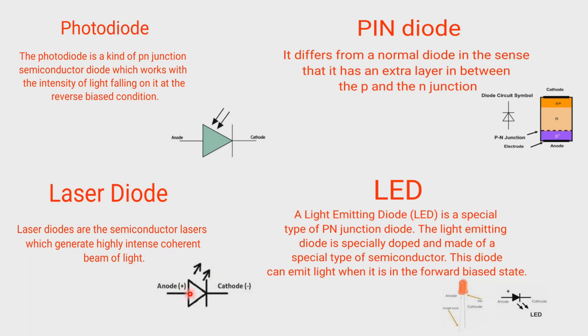A laser diode, or semiconductor laser, generates a highly intense coherent beam of light. The last type of diode is the LED, light emitting diode. It's a special type of PN junction diode. The light emitting diode is specially doped and made up of a special type of semiconductor. This diode can emit light when it is in the forward bias state.